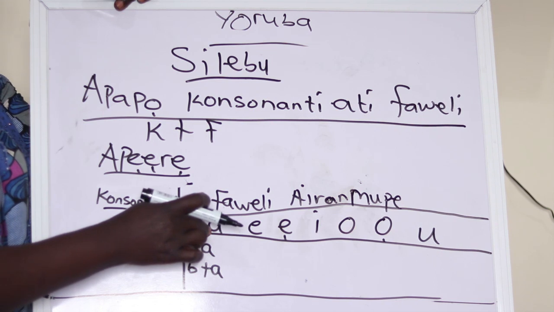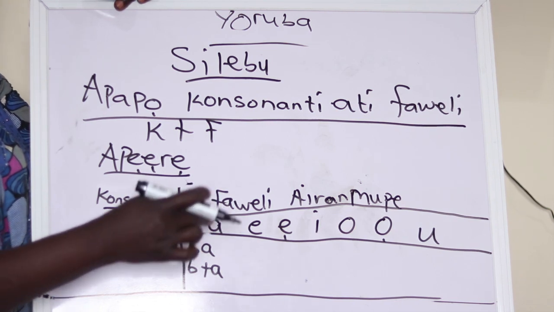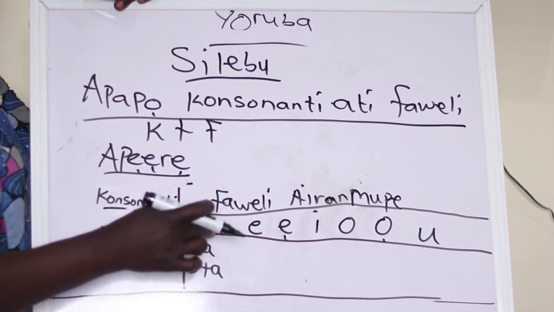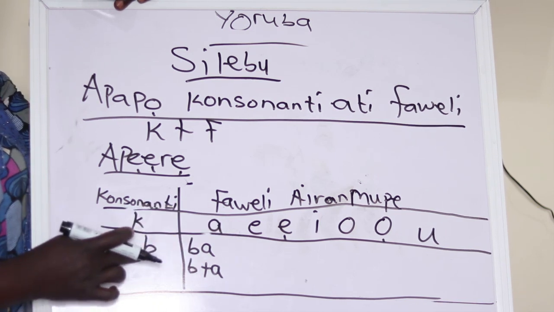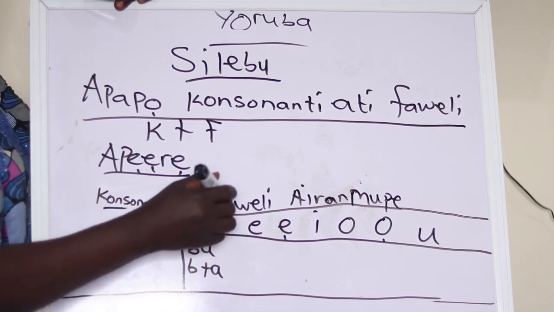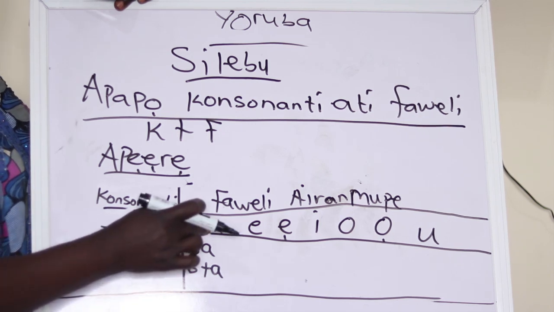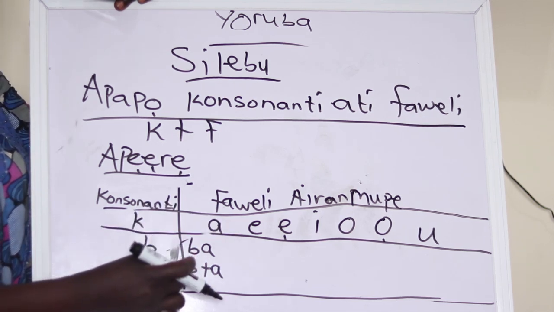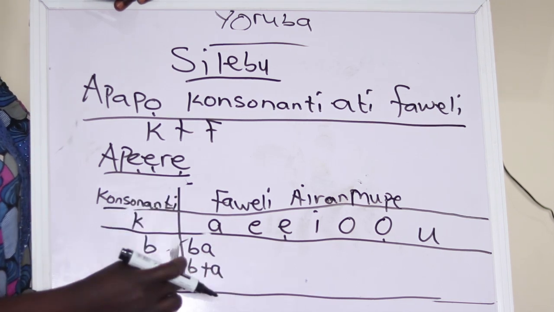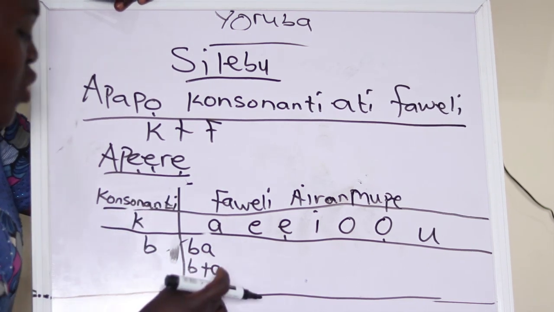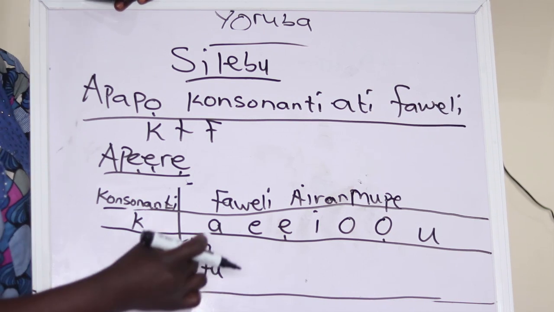You know this one is A. Ba. This is B. You see it now like this. B, A, B plus A. This one is consonants. This one is vowel.